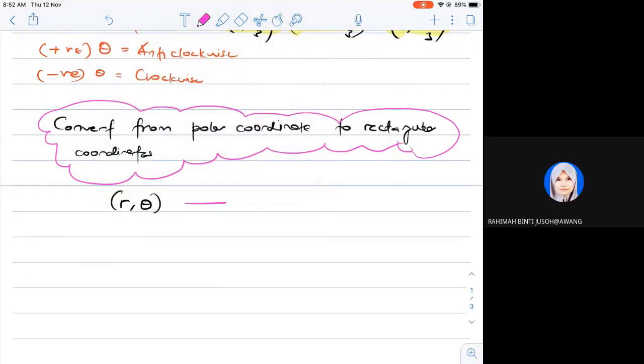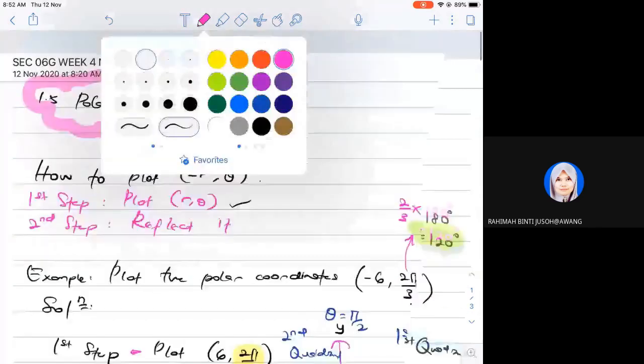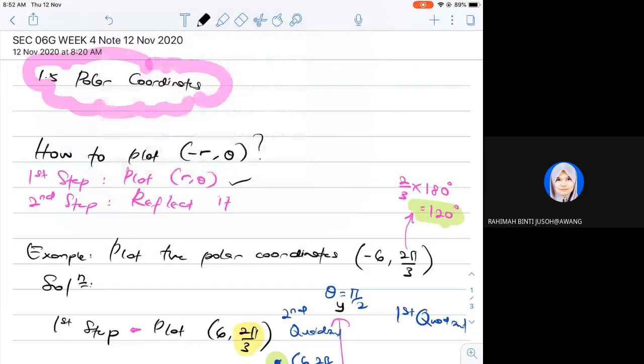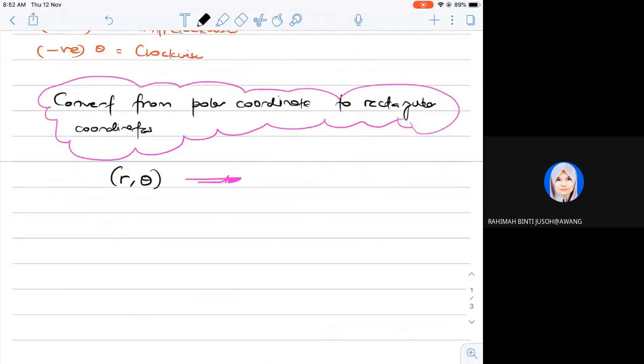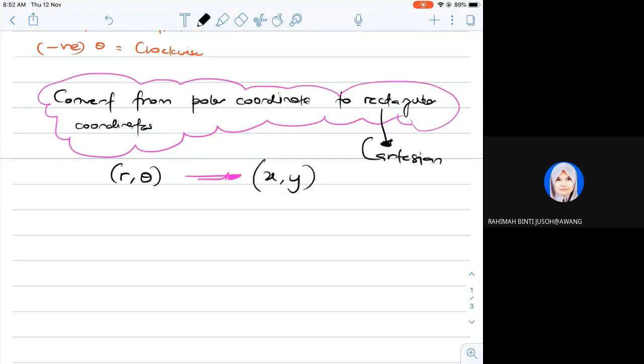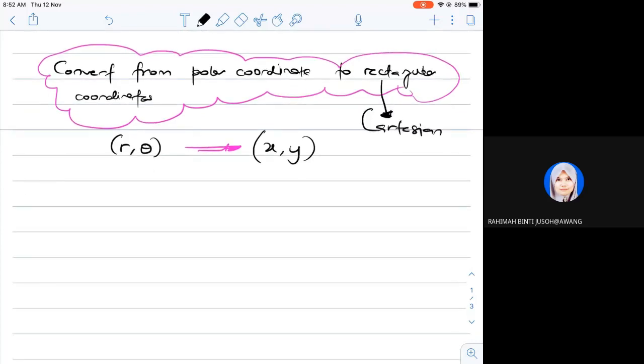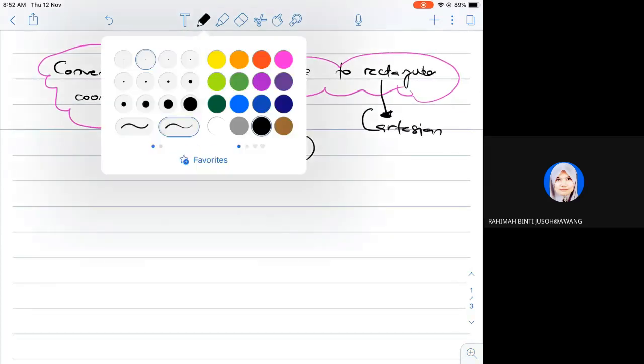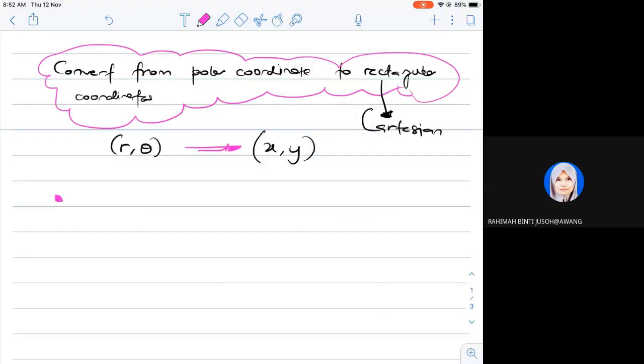We want to convert into what? Rectangular coordinate is x and y, right? Some books also call rectangular as Cartesian, the same thing. Cartesian or rectangular, the same meaning. There are two formulas involved here. Number one, number two.